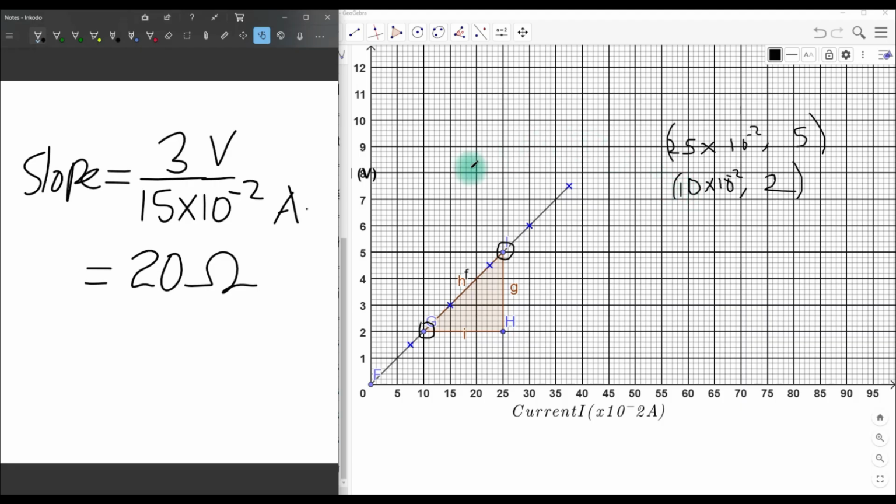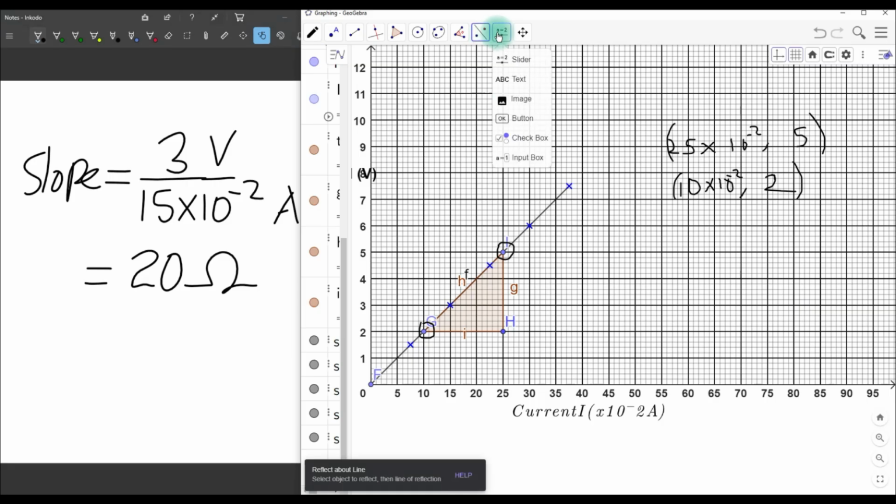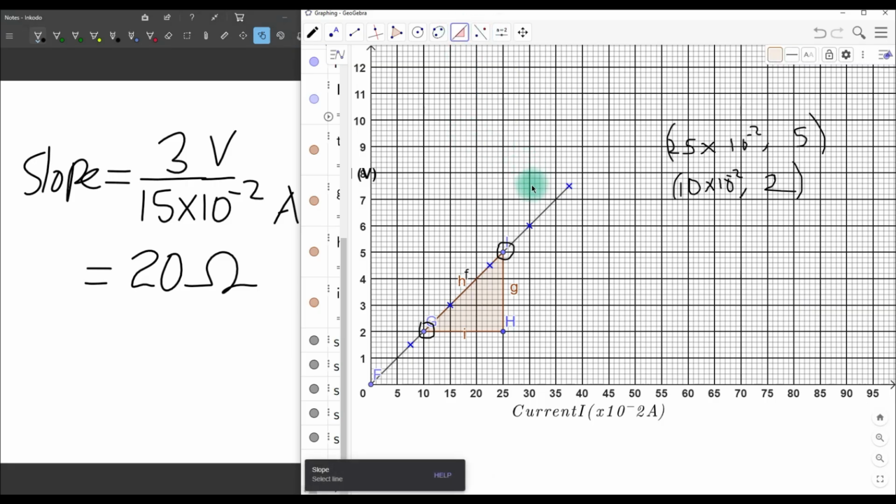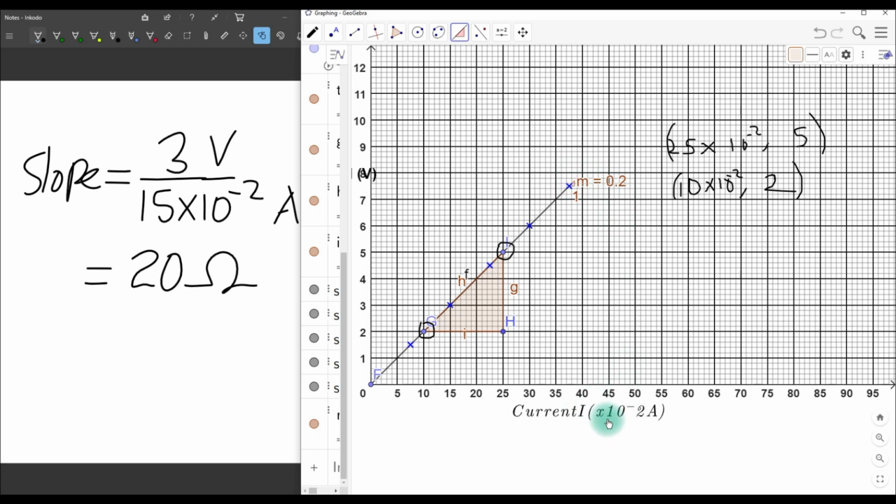So since that is what we have, 20 ohms, the same way we can also use the graph and come up with a slope. So what I need to do, just select this curve and it gives me m as the gradient, 0.2, but remember for the x-axis it is times 10 power negative 2, which is actually meter.